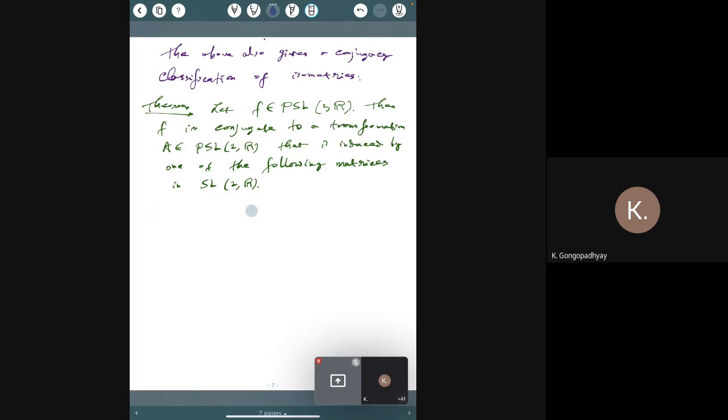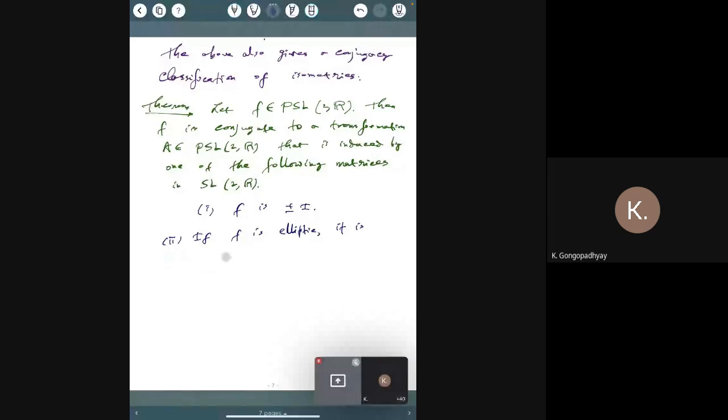First of all, F is plus or minus identity. This is the trivial case. Then, if F is elliptic, it is conjugate to a rotation matrix.